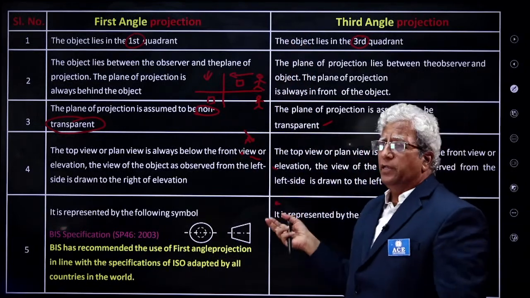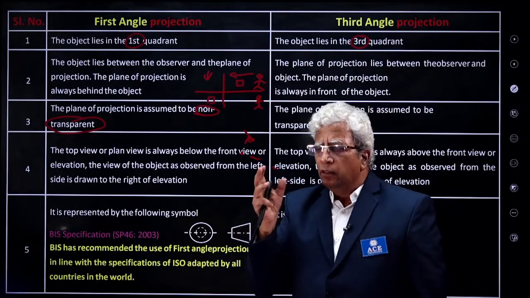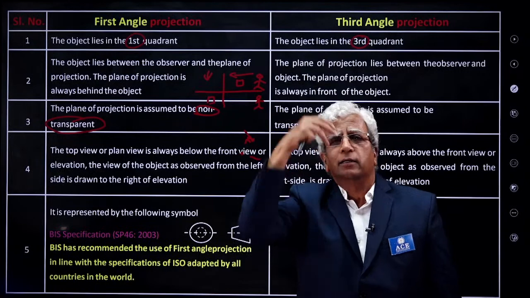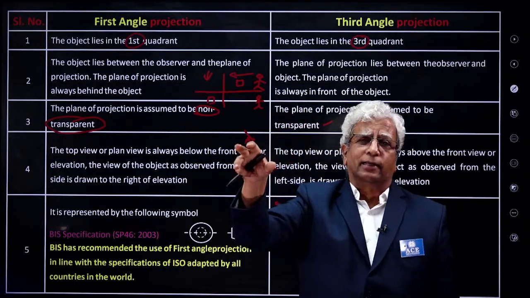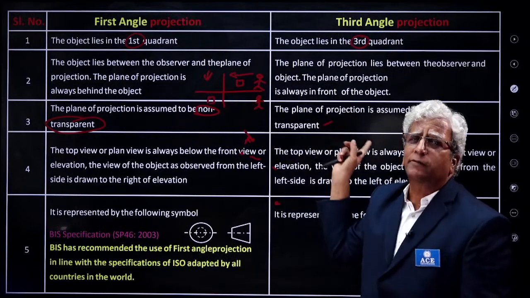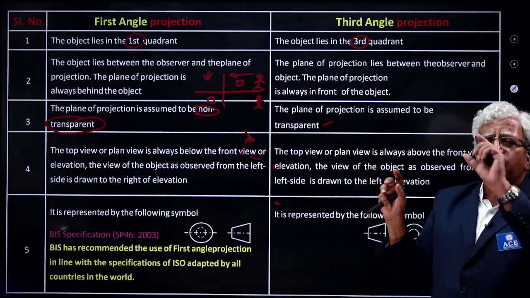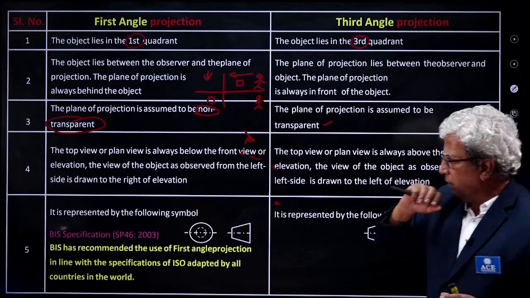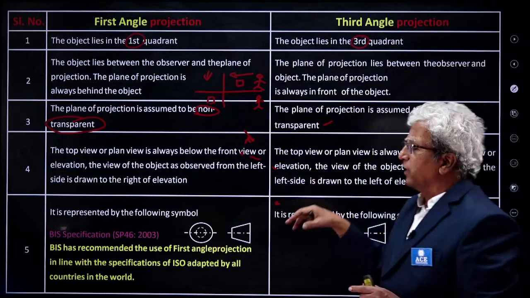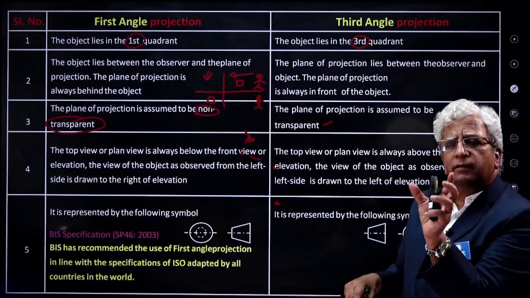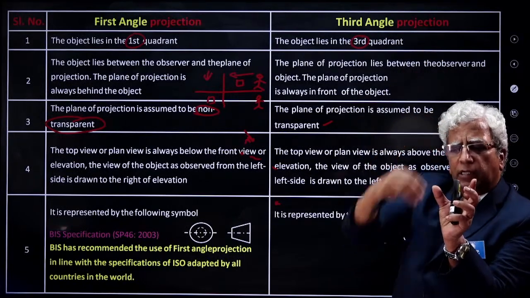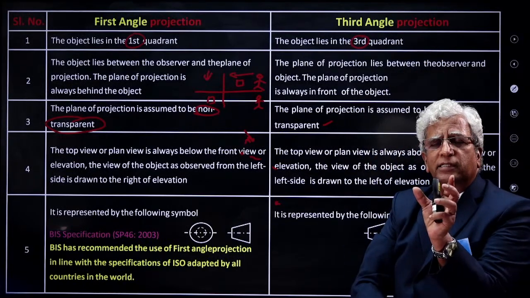Similarly, the side views. Whatever side view you draw on the opposite side of the elevation, that is first angle. If you see from one side and draw it on the same side, that is third angle. In the case of first angle, when you see the top view, it will be drawn at the bottom, opposite side of the front view.